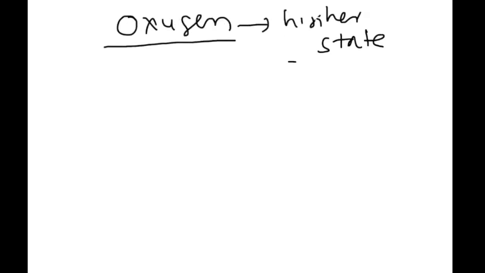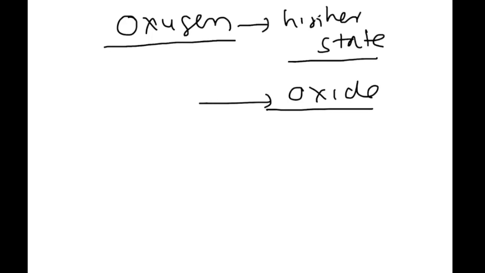Oxygen can stabilize higher states to form oxides. The ability of oxygen to stabilize higher oxidation states is more than fluorine. Oxygen forms stable oxides more than fluorine.